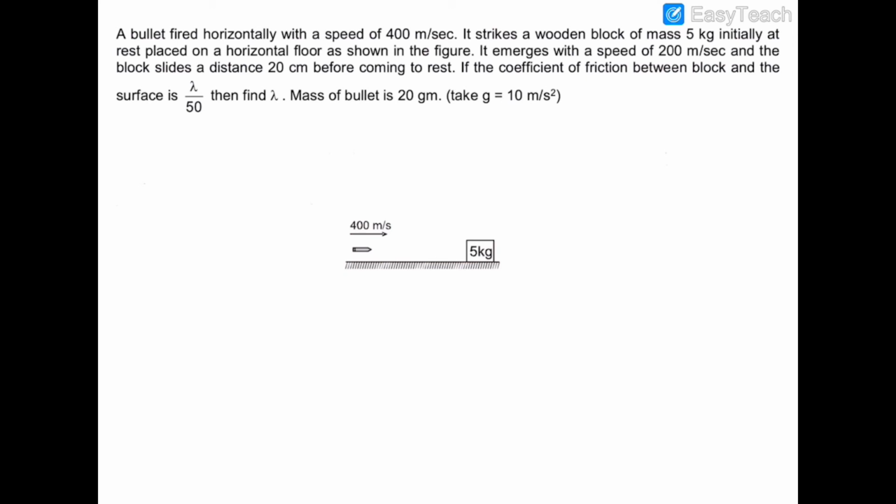So in this question we can see that initially this bullet is coming towards the block and the block is at rest, so at this point of time, the net force acting on this system is 0.